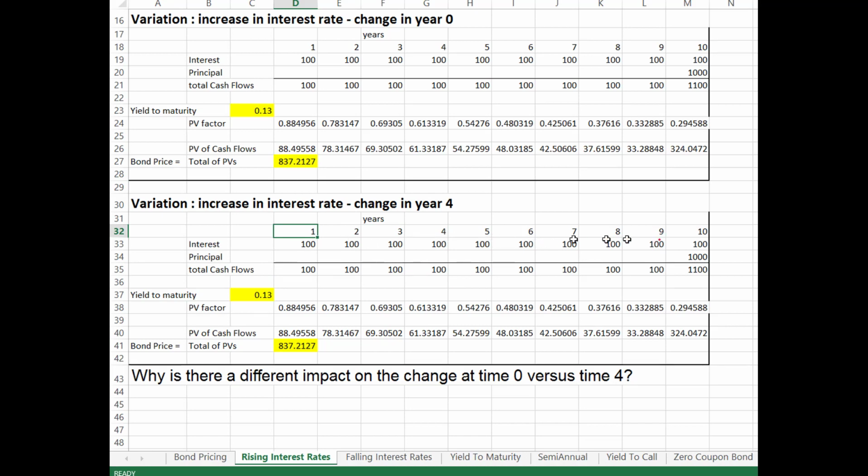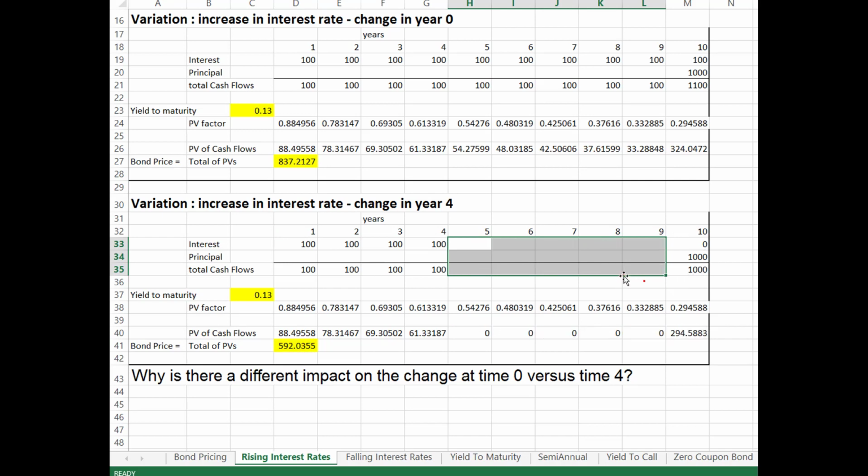So one way to think about it is we're going to truncate. This whole thing disappears, and we're going to move forward this amount. Oops, sorry. And this whole thing now moves up to year 6, because we're in year 4, so this becomes the 5th year, 6th year, 7th year, 8th year, 9th year, 10th year.